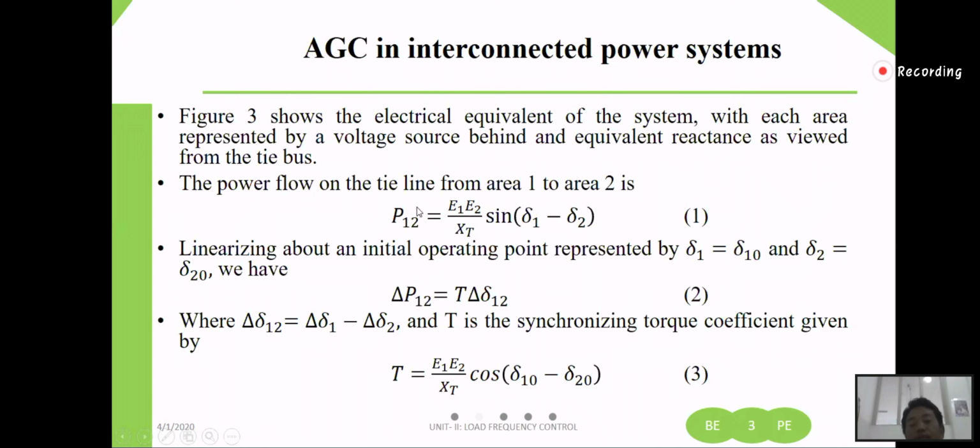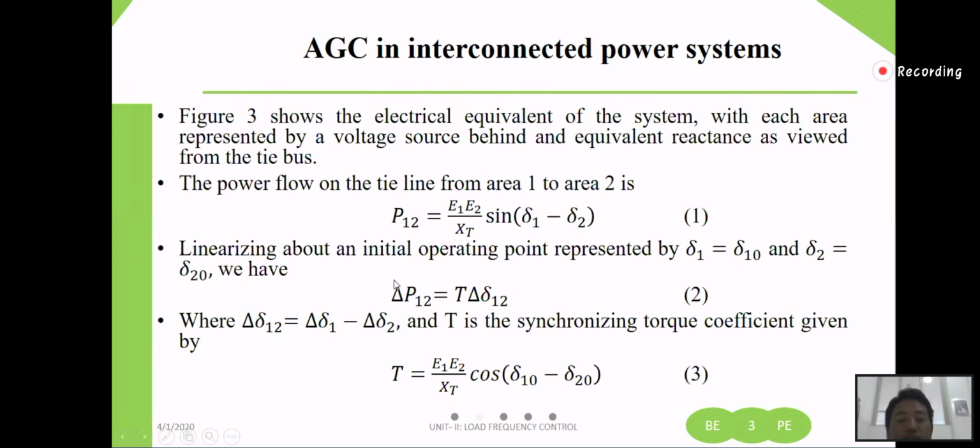Okay, so this is the basic equation which we have learned and got from the swing equation. Now we have to linearize equation 1 about an initial operating point, represented by del 1 equal to del 1 0 and del 2 equal to del 2 0, the initial condition. Now if you linearize this, we get the change in power, del P12.